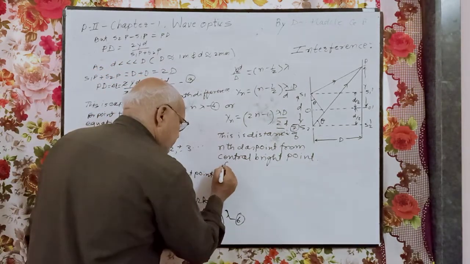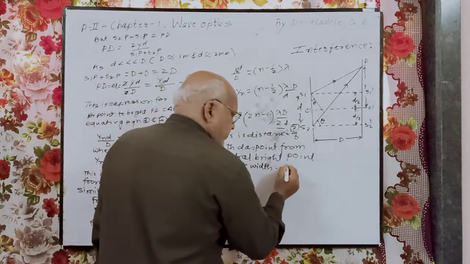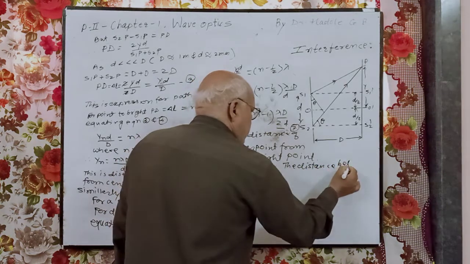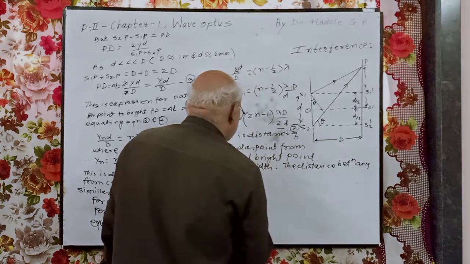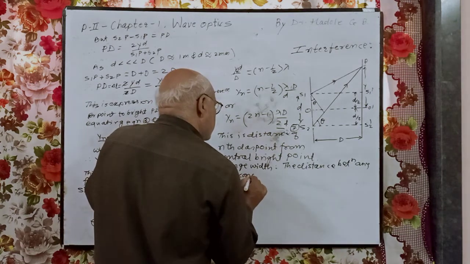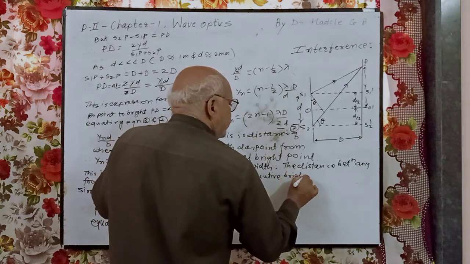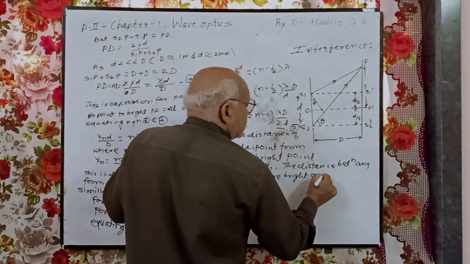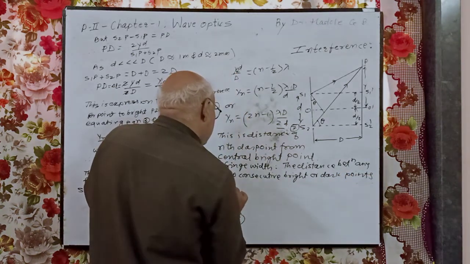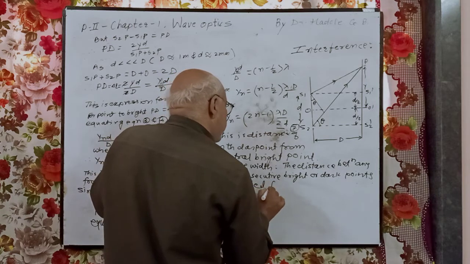Next is the fringe width. The distance between any two consecutive bright or dark points is called fringe width.